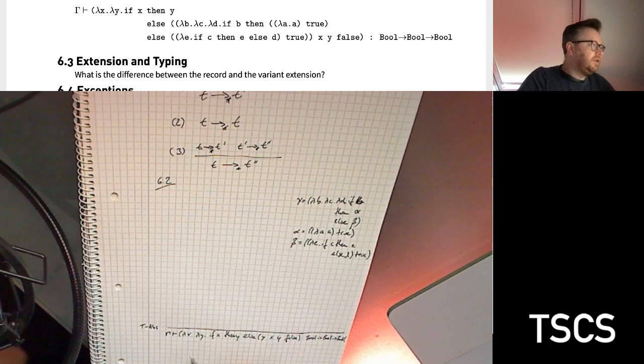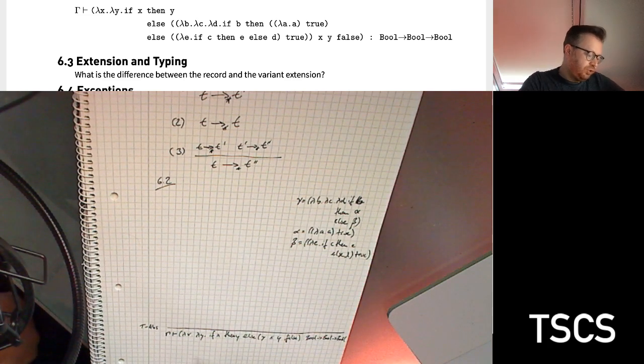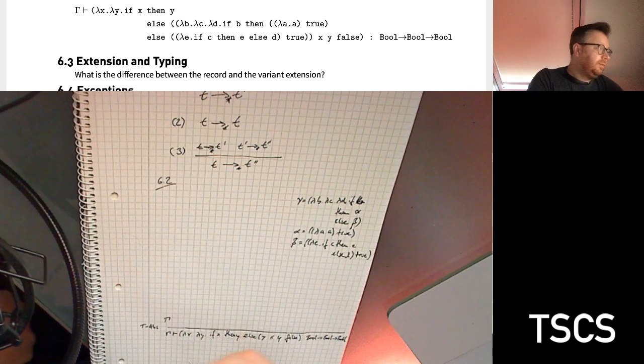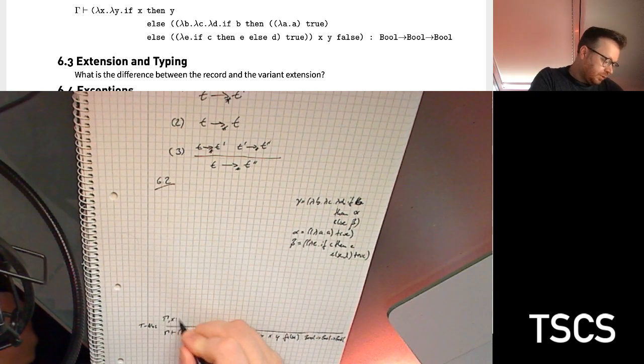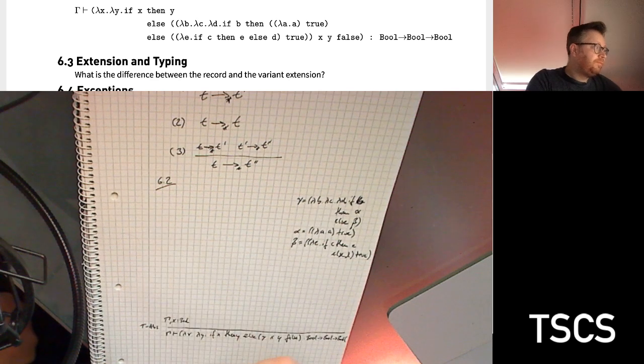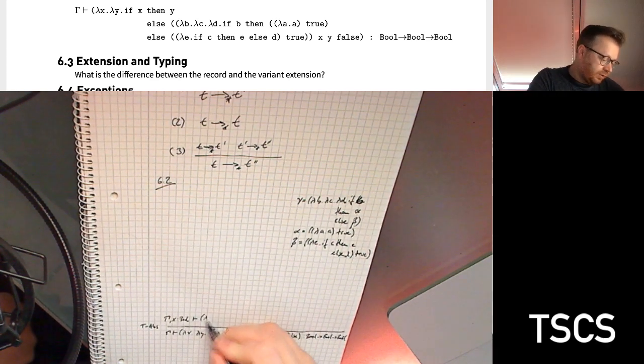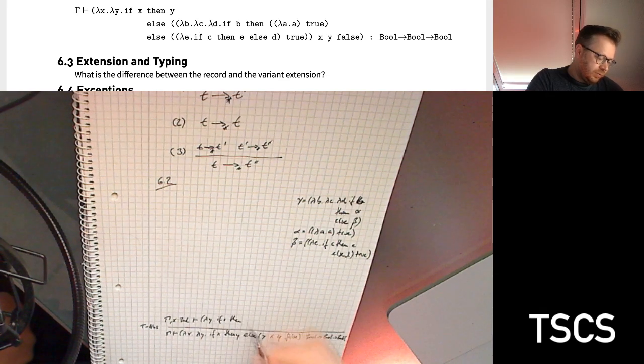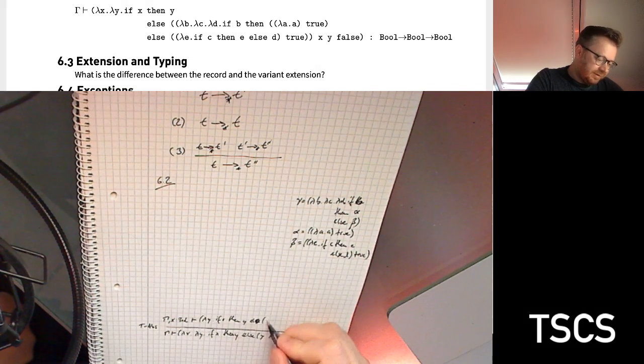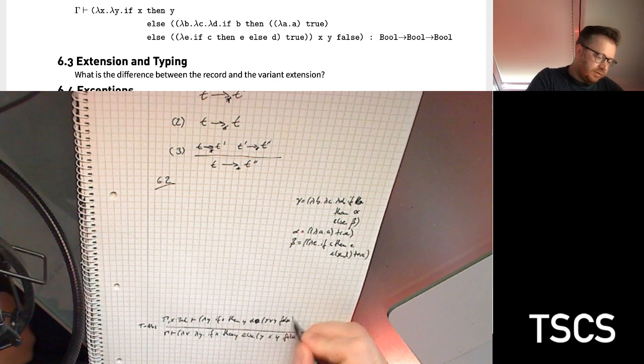In doing this, we push the first type into the assumptions, so we do gamma, x bool, and under these assumptions we have lambda y if x then y else gamma x y false.